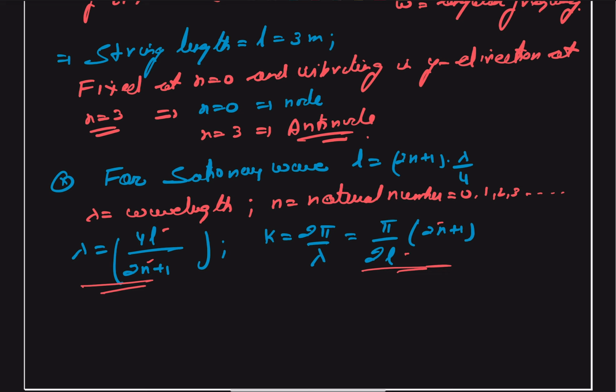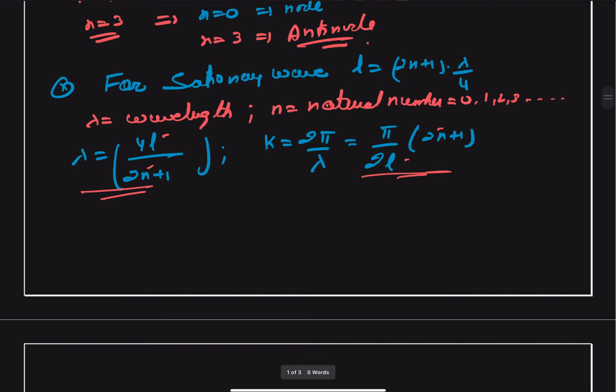And we are also given that our wave speed v is 100 meter per second. And this wave speed can be related with our angular frequency. Our angular frequency omega is equal to v multiplied by k.